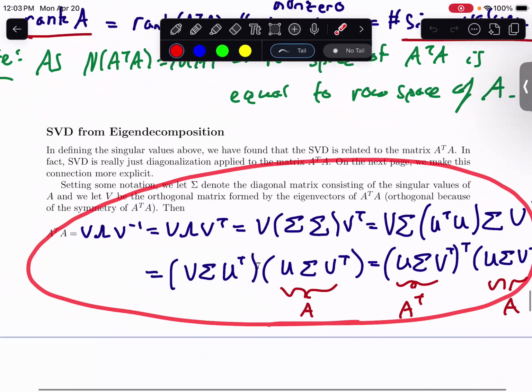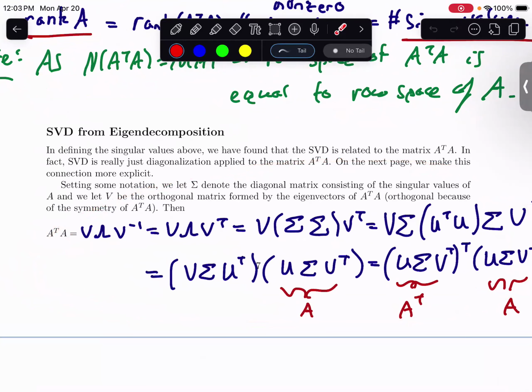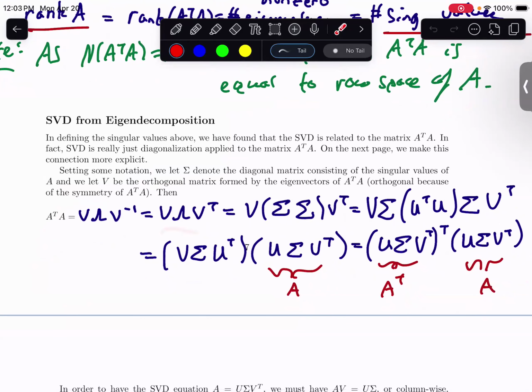If you do the diagonalization of A transpose times A, you can write it this way, where V has columns given by the eigenvectors of A transpose times A. This is a symmetric matrix, so the eigenvectors are orthogonal to one another, which you can reduce to orthonormality, so all the columns are orthonormal. And then you have all these various reductions. So this is what we did.